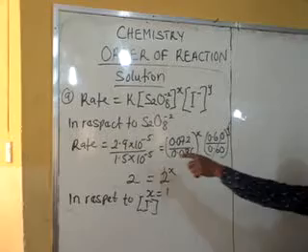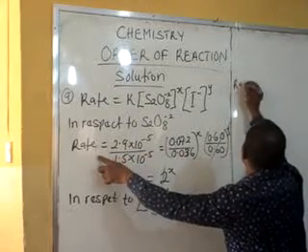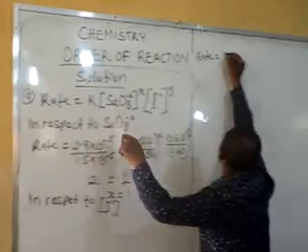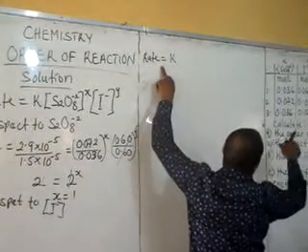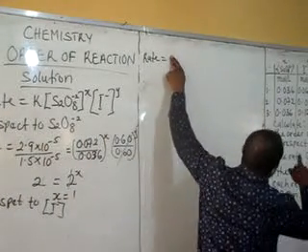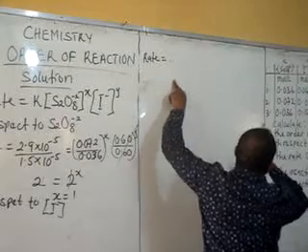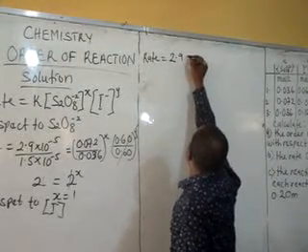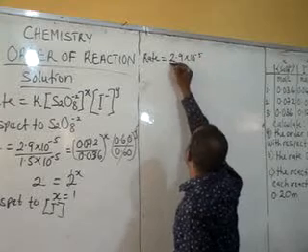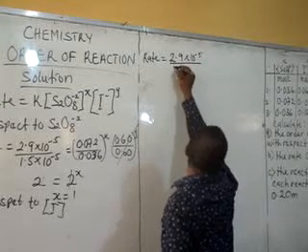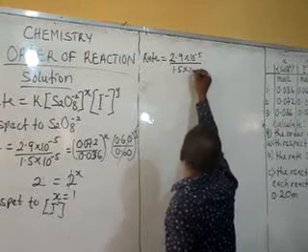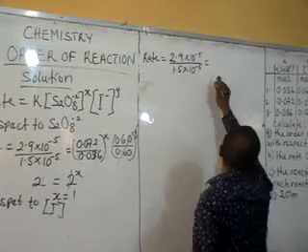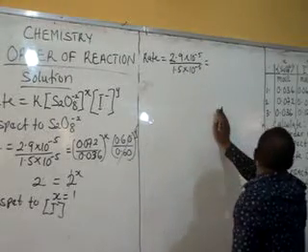So here, just as I solved before, we are using the rate of 3 and 1, giving us 2.9 times 10 to the power minus 5 over 1.5 times 10 to the power minus 5.